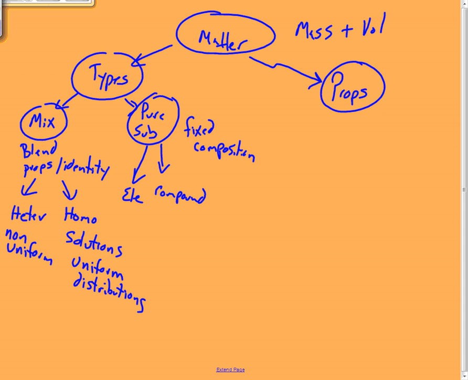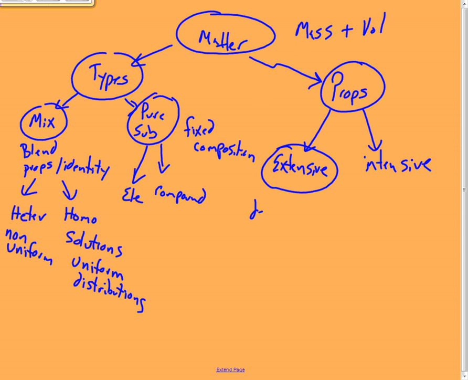Good. So I think we need to go back and talk about some properties. One set of properties we can have are extensive and intensive properties. So what is an extensive property? An extensive property is a property that depends on the amount of matter.